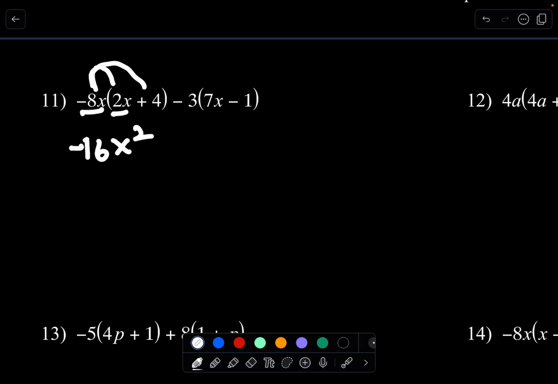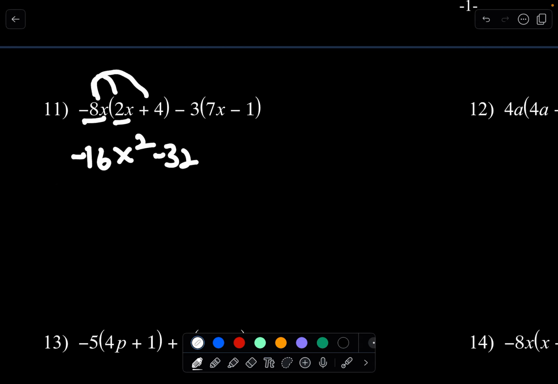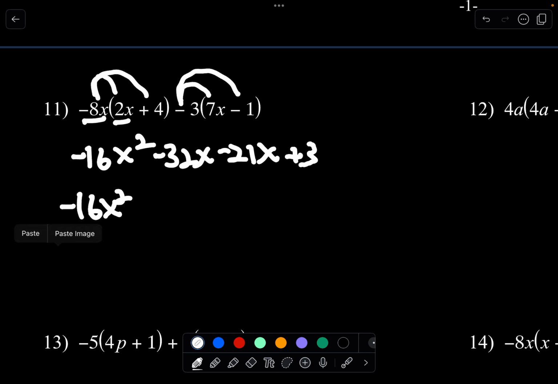Negative 8x times 4 is negative 32x. And then remember, you distribute the negative sign. Negative 3 times 7x is negative 21x. And negative 3 times a negative 7 is a positive 21. Now combine like terms. There's nothing similar to the x squared, so it just comes along for the ride.